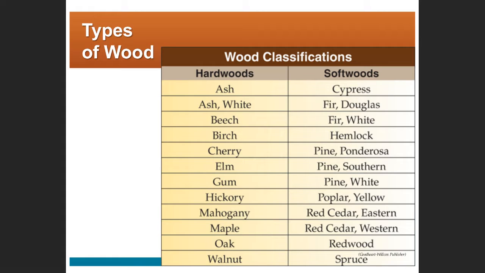This little table is on page 122 of the book. Again, some examples of hardwoods and softwoods. Right, cherry is a hardwood. You make beautiful furniture out of cherry or mahogany.